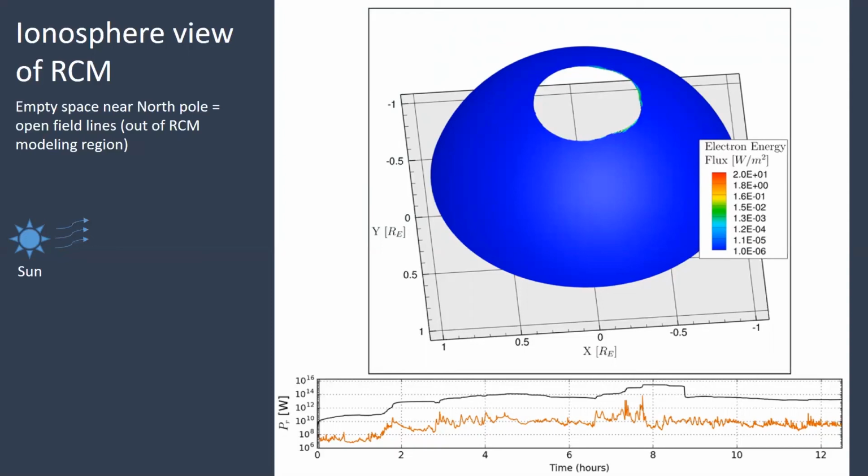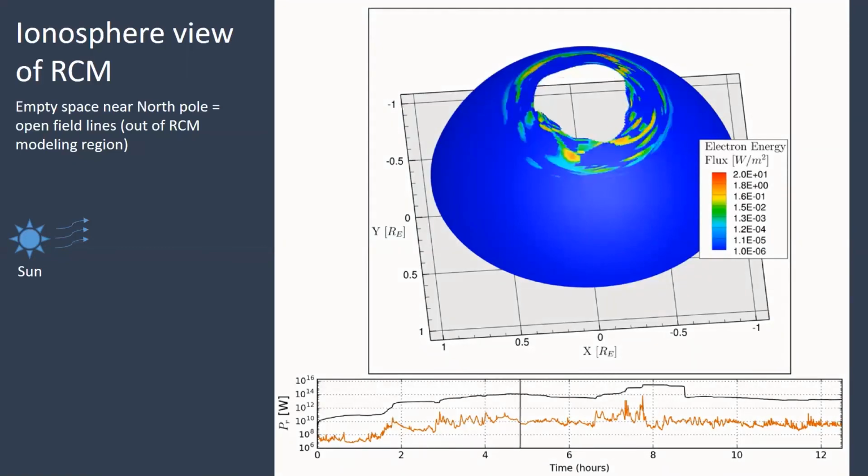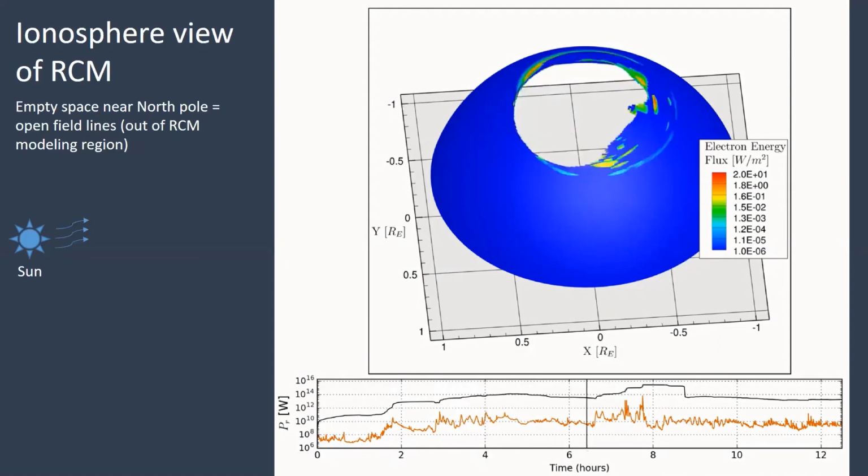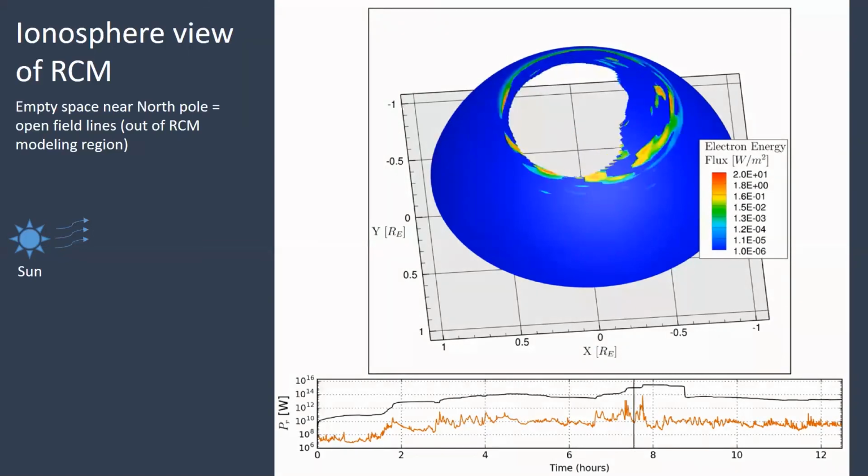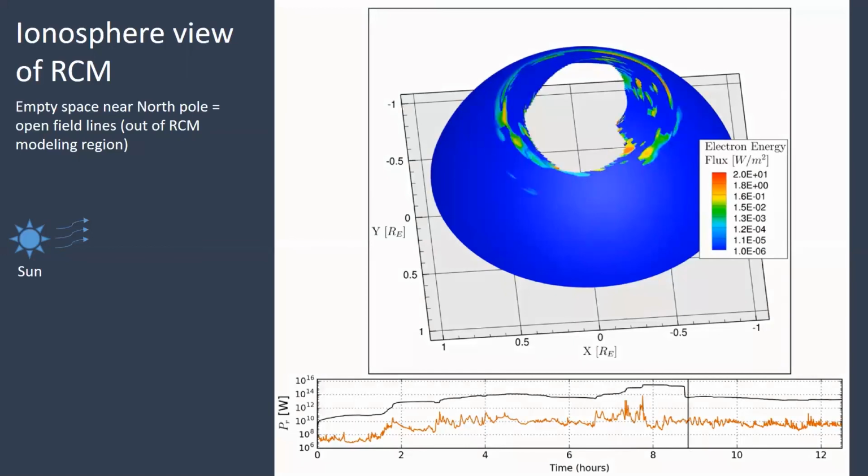And then once it's in the system, it drifts around westward. It occurs all around, but the points of very strong radio are due to this strong interaction in the tail.